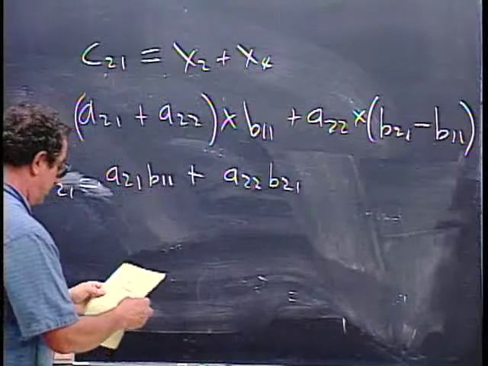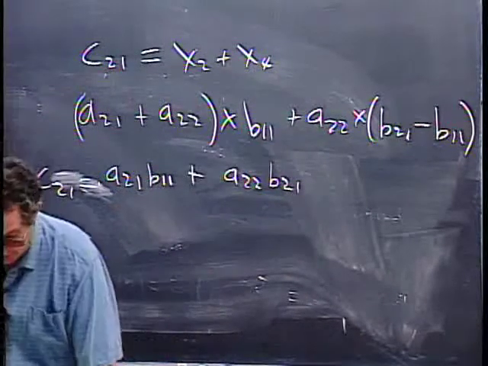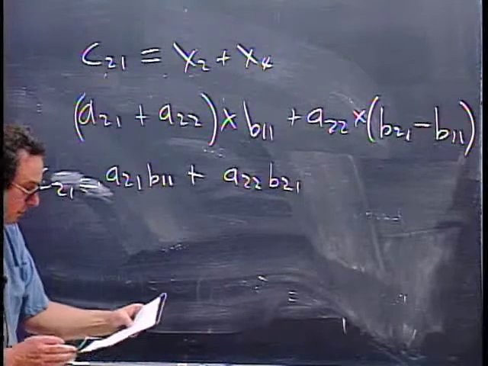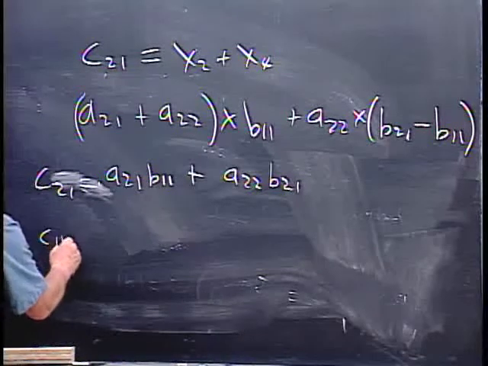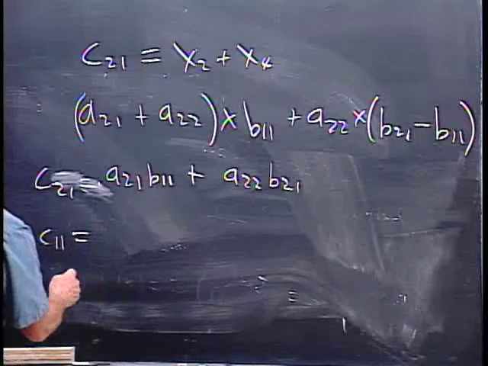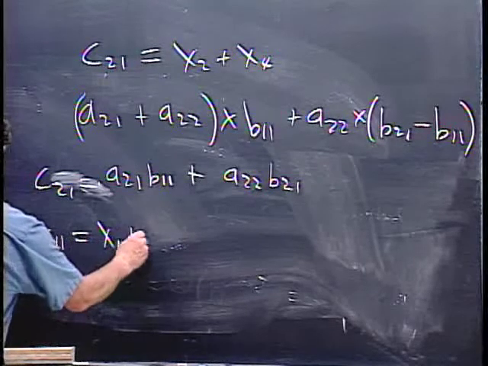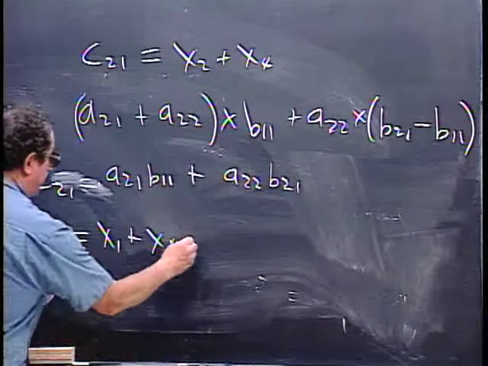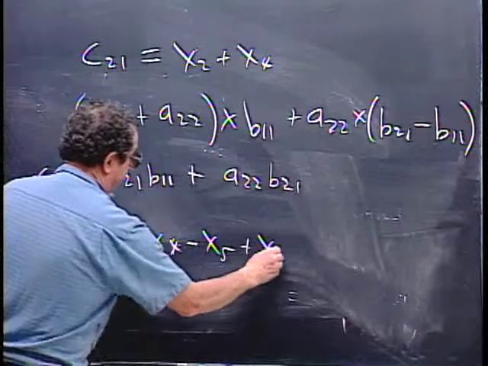Okay? Now just to illustrate, I'll write one more just to give you an illustration. We won't verify it, but just to show you that the others are similar in nature. So C11 is equal to X1 plus X4, which we've seen, minus X5, which I didn't show you, plus X7.